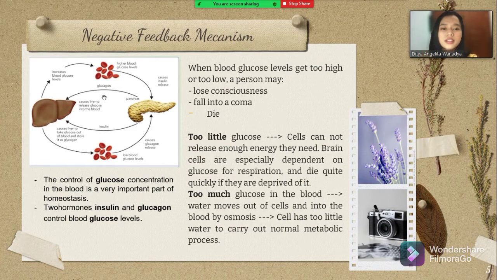The hypothalamus produces thyroid-releasing hormone, or TRH. This causes the anterior pituitary gland to produce thyroid-stimulating hormone, or TSH, which causes the thyroid gland to produce thyroid hormones T3 and T4.